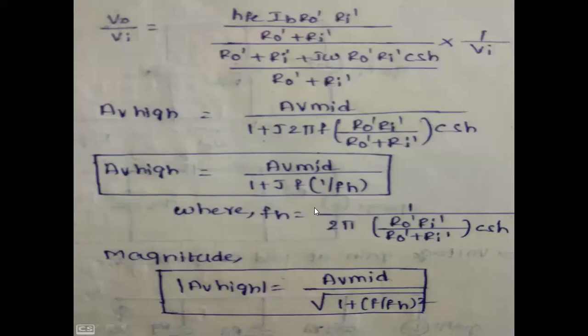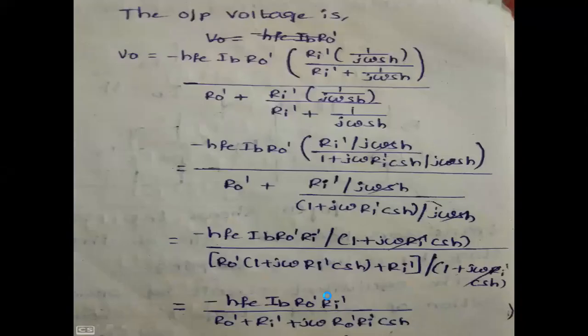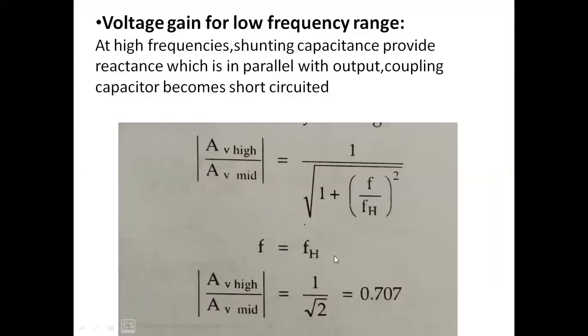Or FH is equal to 1 by 2 pi times R0 dash RA dash by R0 dash plus RA dash into CSH. Okay. So AV high by AV mid is equal to 1 by 1 plus j into f by FH. So this is the value already.